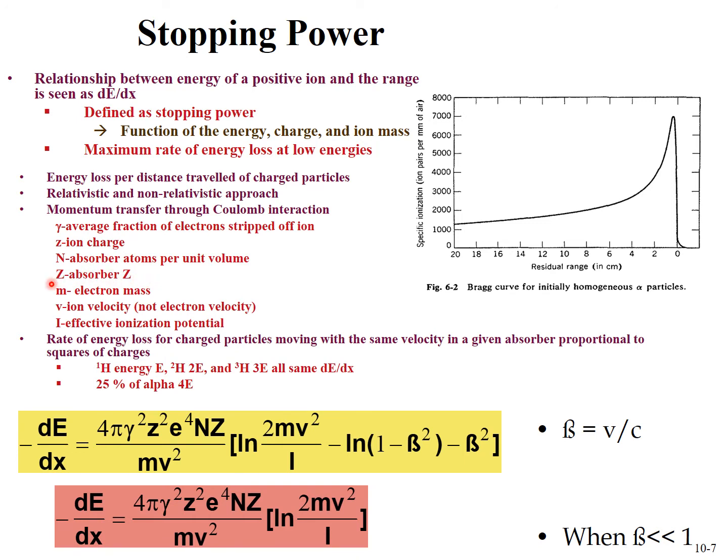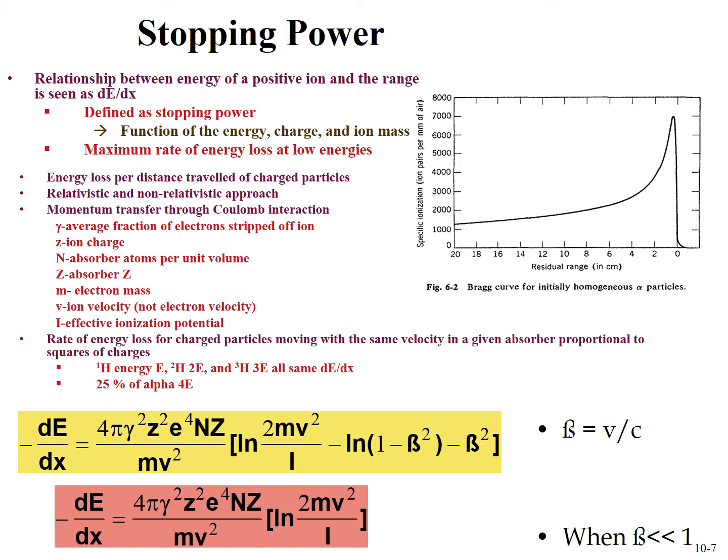They also include the mass of the electron, the ion velocity, not the electron velocity, and the effective ionization potential. So ionization potentials for different materials have some different properties on this stopping power.